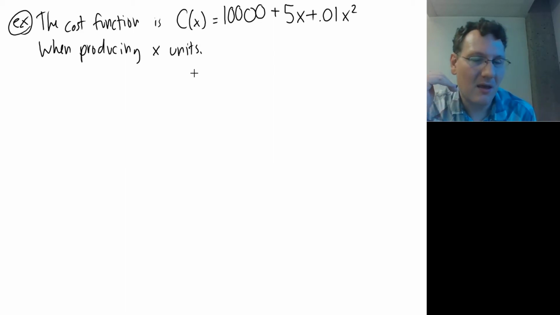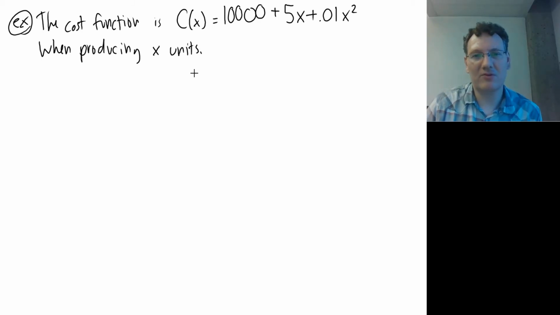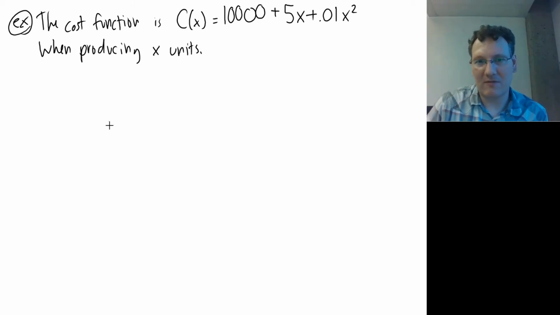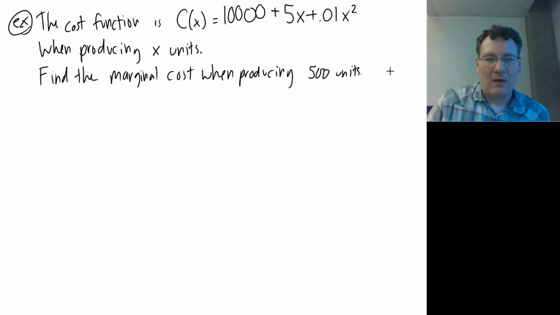So if you're producing 700, the marginal cost is like how much would the 701st unit be? But it's actually the derivative. So the marginal cost is the derivative of the cost function. You can use that to find the marginal cost when you're producing some number of units. For example, we could find the marginal cost when we're producing 500 units.